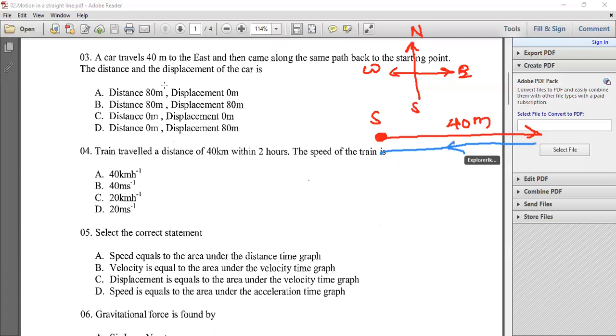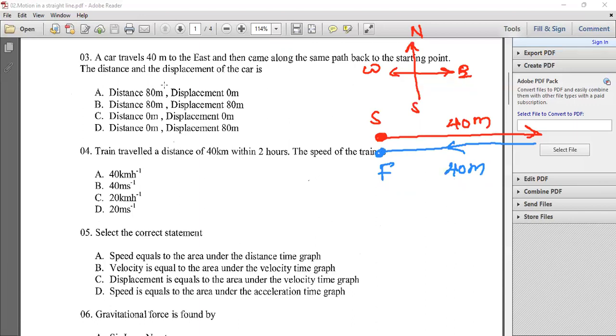So that becomes the finishing point as well. So the starting point and the finishing point of this journey are equal. It has traveled 40 meters to east, and then from there it has traveled back again 40 meters to the starting point. So you would obviously know the total length traveled by this object, the distance, is 80 meters.